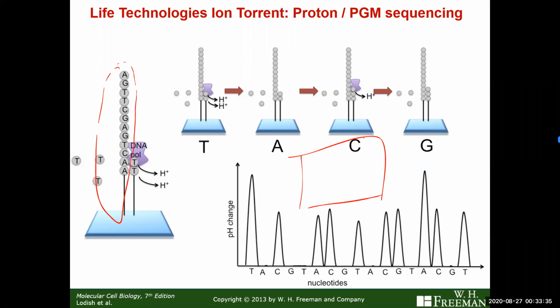This is truly a disruptive technology, and now getting your whole genome sequenced costs only $1,000 or a little bit less than that, and it will take 3-4 days at max. Compare that with when the first human genome was sequenced. I don't remember exactly, it was like 4 or 5 years to get one human genome sequenced, and the cost was a few billion dollars.